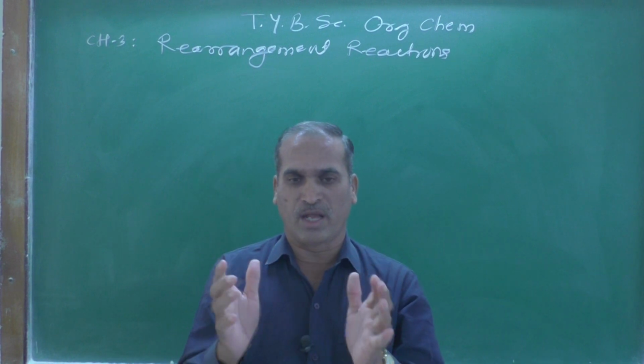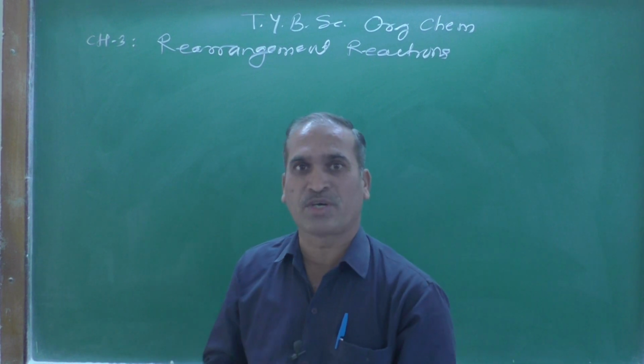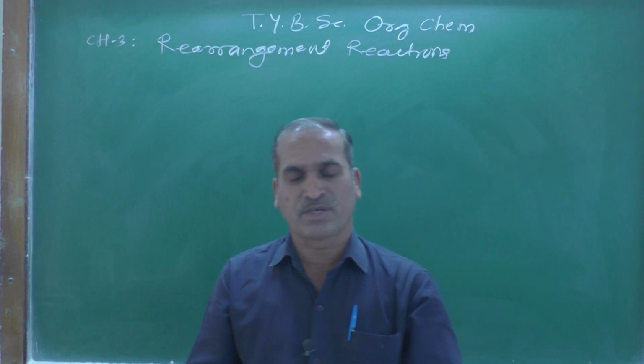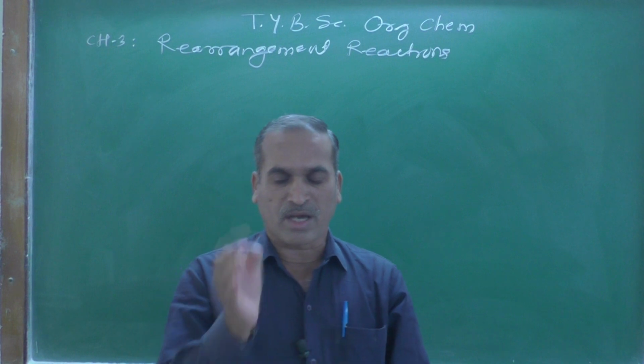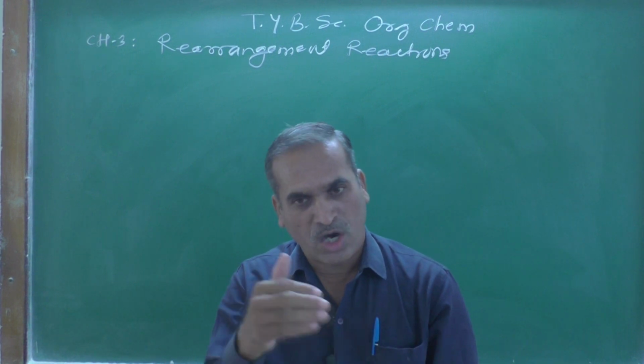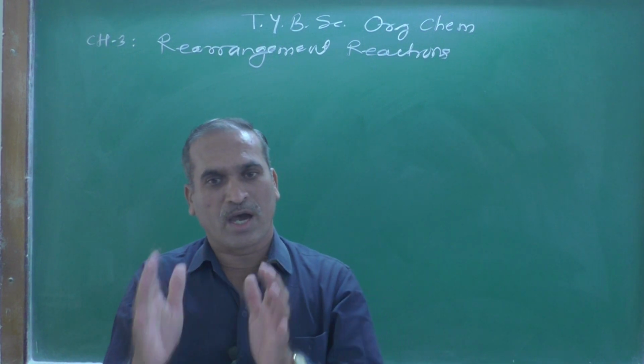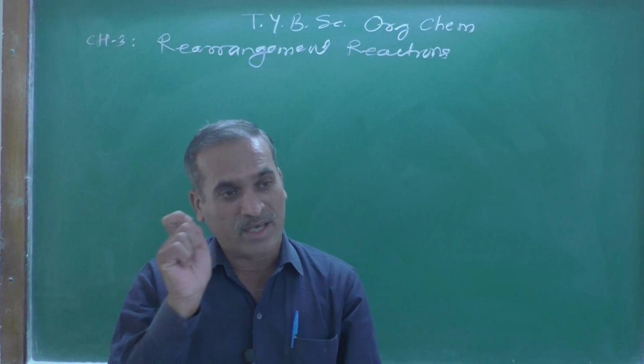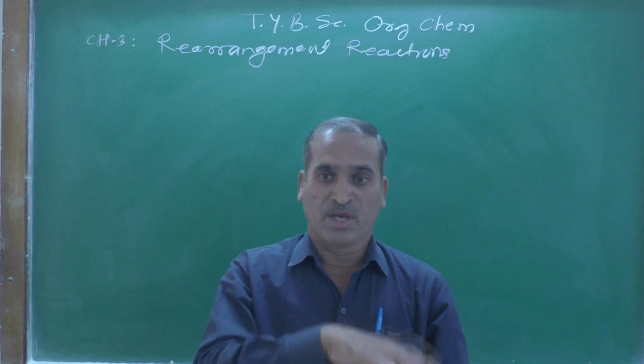First, let me tell you the definition of rearrangement reaction. A reaction in which the carbon skeleton or the functional group or both are modified is known as rearrangement reaction.